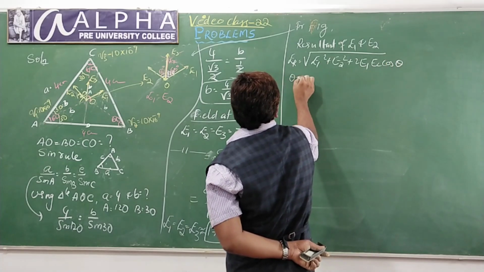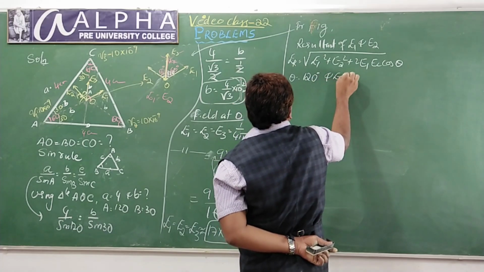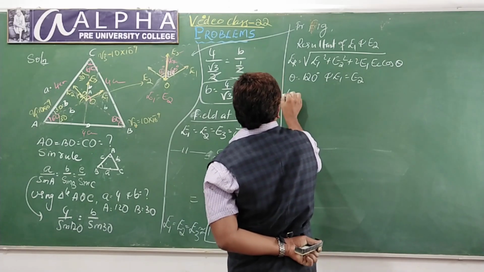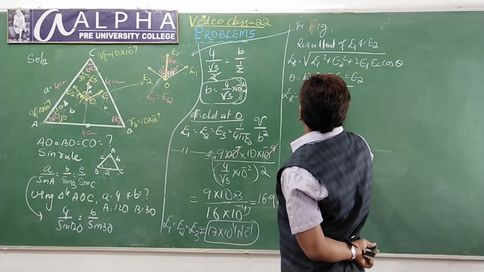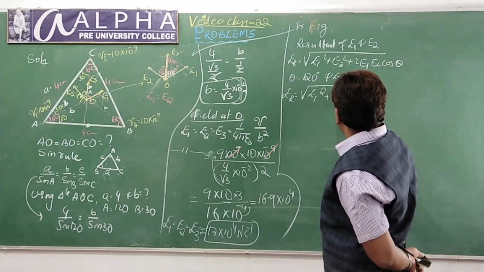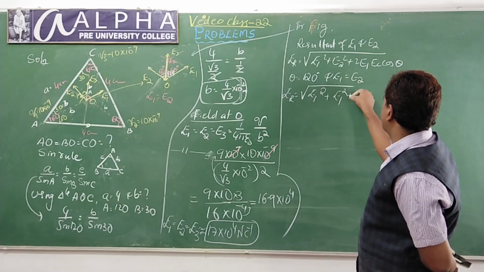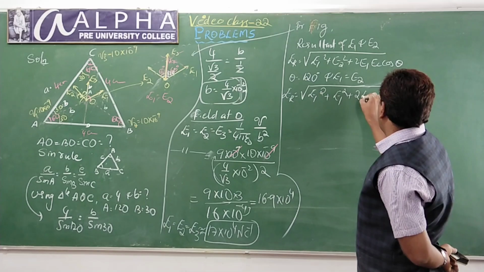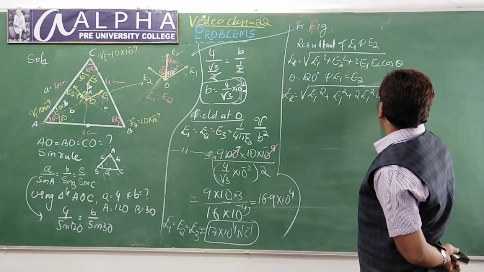What is theta between E1 and E2, students? 120. And E1 equals E2, so you can write E1 only. ER equals root of E1 squared plus E1 squared plus 2 into E1 into E1, E1 squared cos 120.